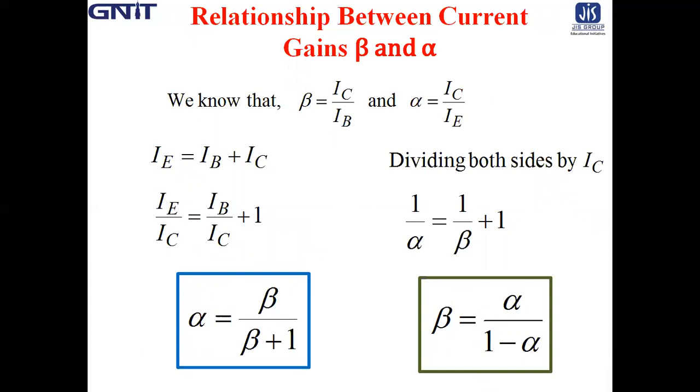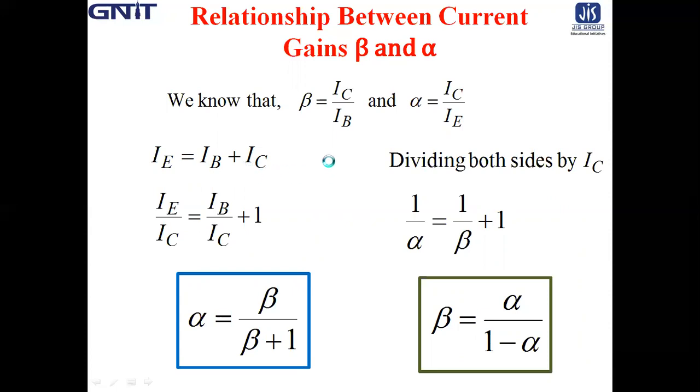We know that beta equal to IC by IB, a ratio between collector current to the base current. And we know that alpha is equal to IC by IE. Again we know that IE equal to IB plus IC.